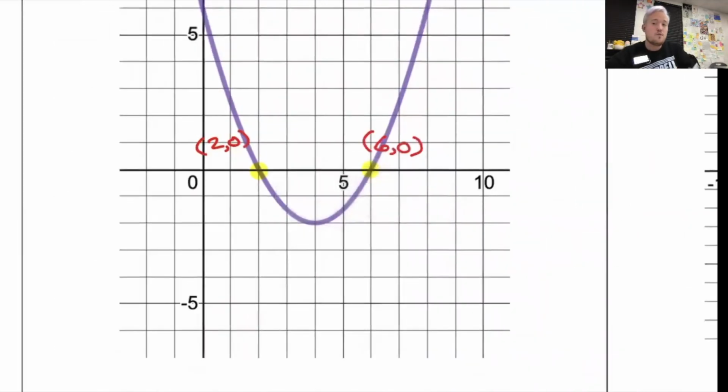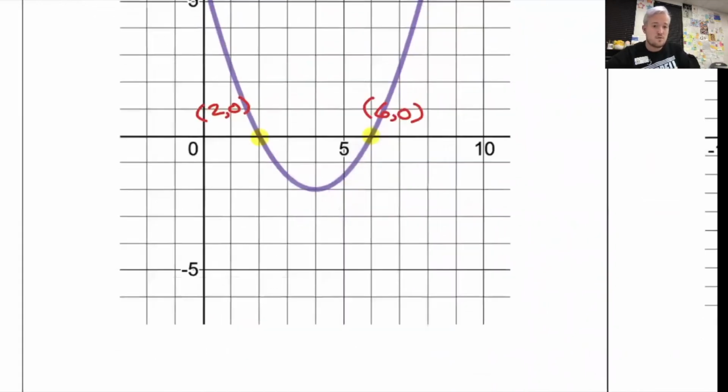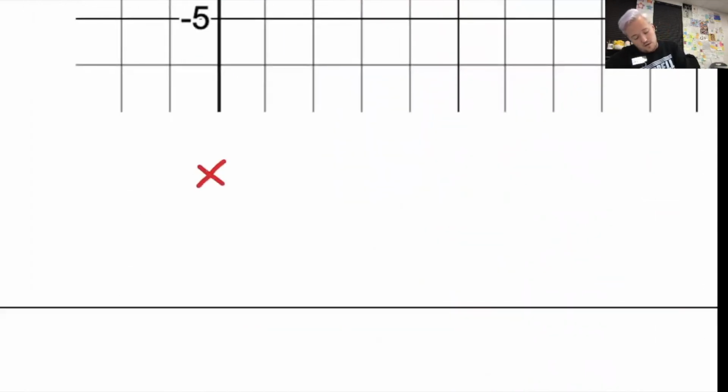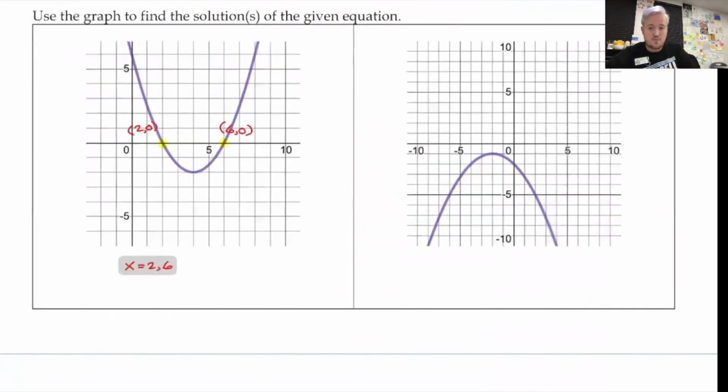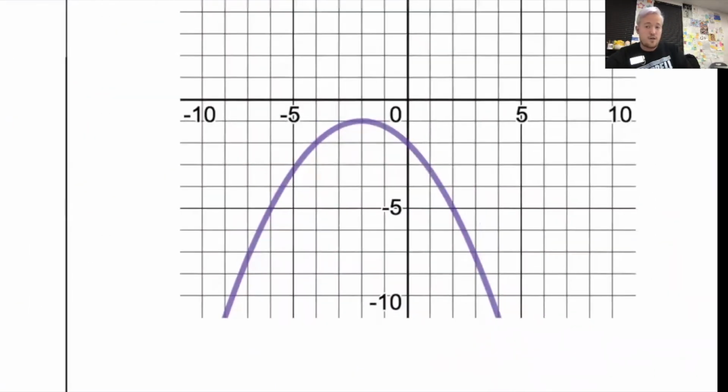Remember, we're only looking for those corresponding x values, so our x values here are 2 and 6. And now looking at this last problem, notice how your equation does not even cross the x-axis, which means, sadly, we have no real solutions.